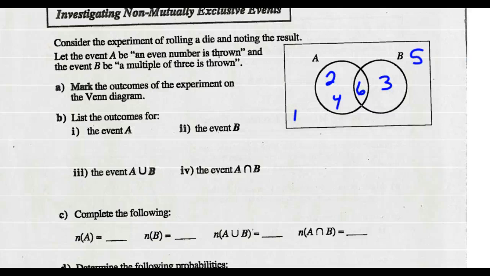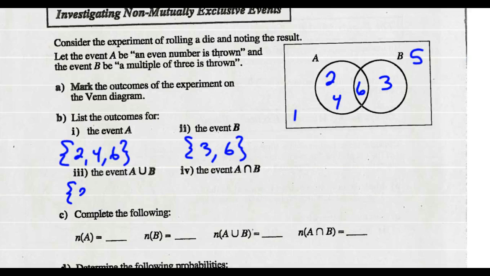List the outcomes for event A. Outcomes for event A are still 2, 4, and 6. Outcomes for event B are now 3 and 6. Outcomes for event A union B are all the things in the circles together, 2, 3, 4, 6.